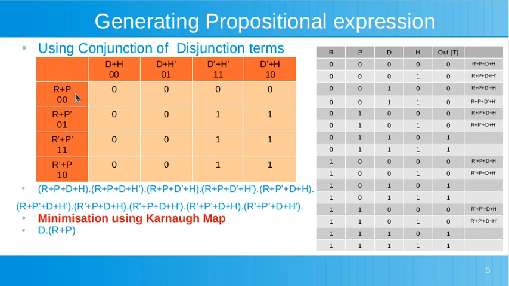So these are the 0 values we have put here. Now the rest of the cells will be filled with 1.